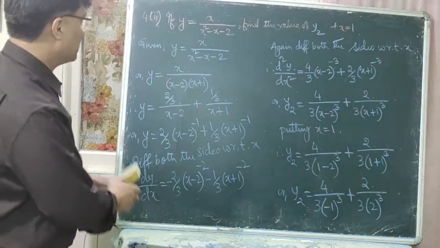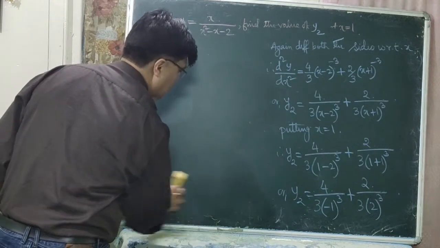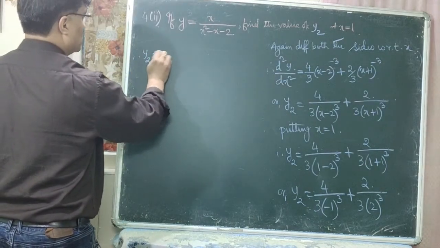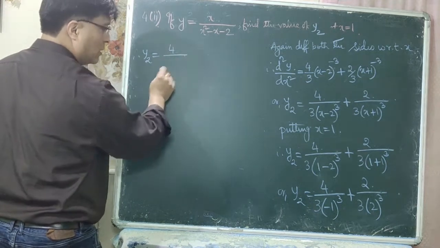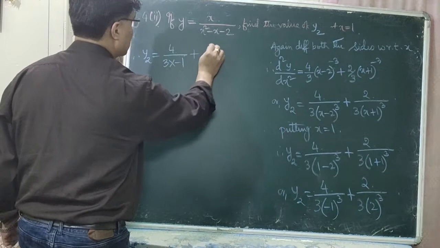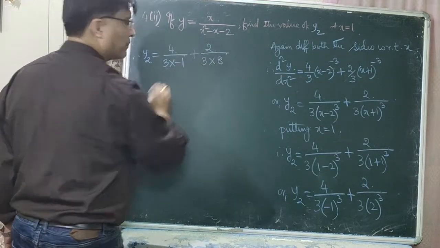Is that clear? Now let's simplify it to get the value for y2. So y2 is equal to 4 upon 3 into minus 1 whole cube is minus 1 plus 2 upon 3 into 2 cube is 8, right?